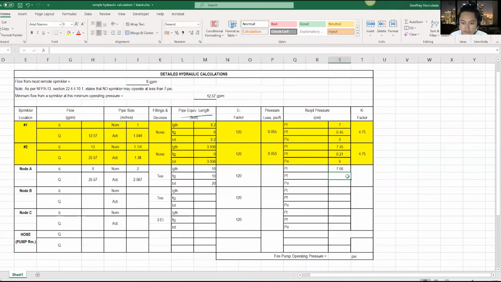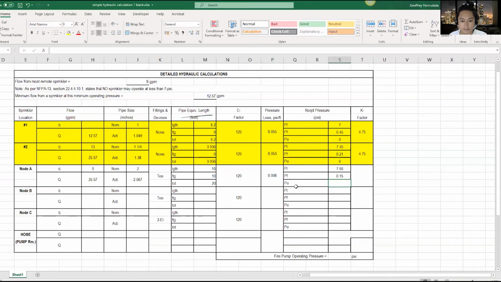This is our friction loss, 0.15 psi. Now, with this, we are able to calculate our pressure loss, which is this one divided by the total length. And we've got 0.008. We can convert that to 0.01, but let's be consistent with the number of decimal points in the pressure loss sections.